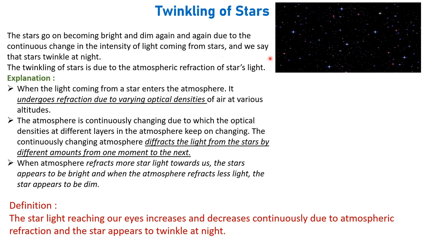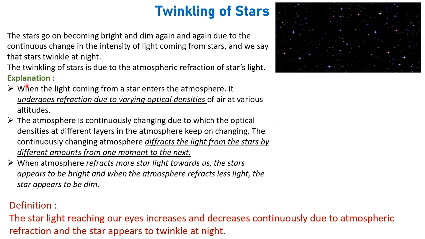At the point where the intensity is less, that means the light is not falling towards you, probably it is falling behind you or in front of you. That time the intensity is less and you will find that the star is dim. So this intensity of light falling on your eyes, making the star brighter and dimmer, is causing the twinkling of stars.